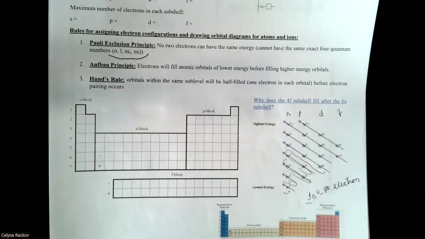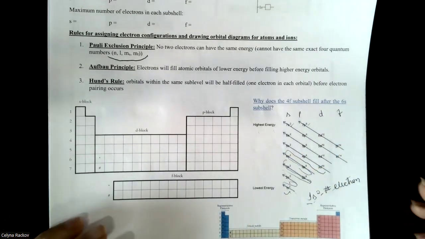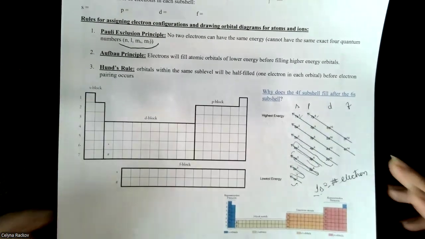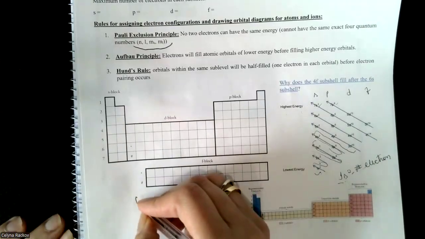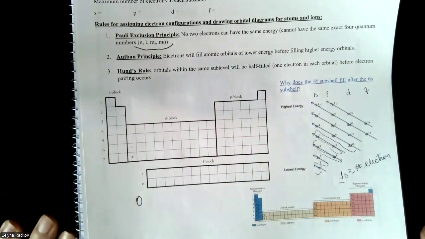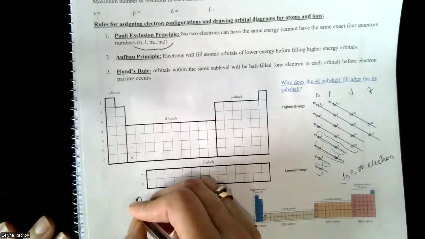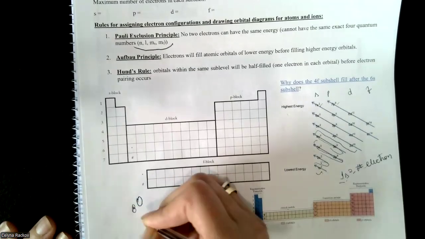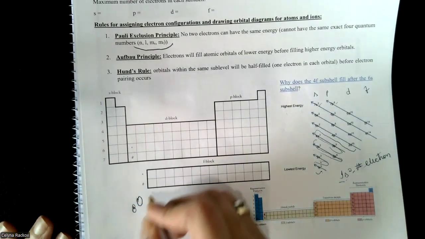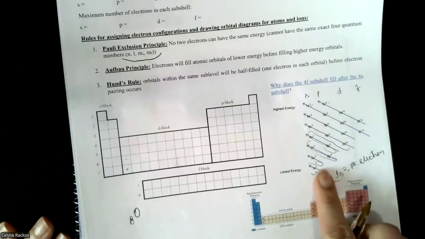For example, to write the electron configuration for oxygen. Oxygen, right? The atomic number is 8, so 8 electrons. The first one is 1s2.